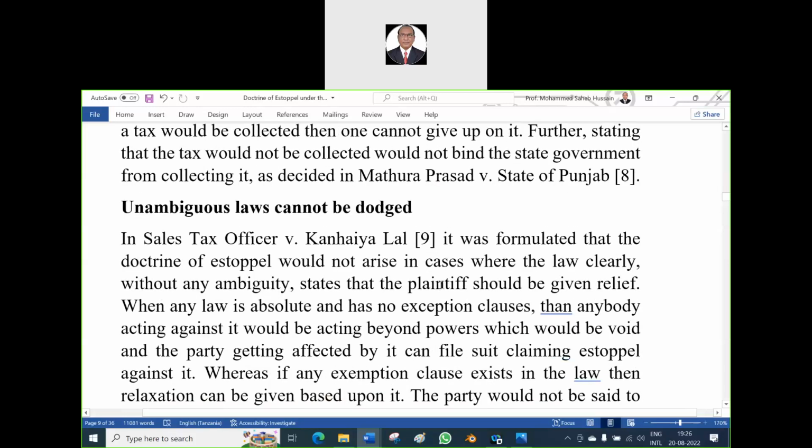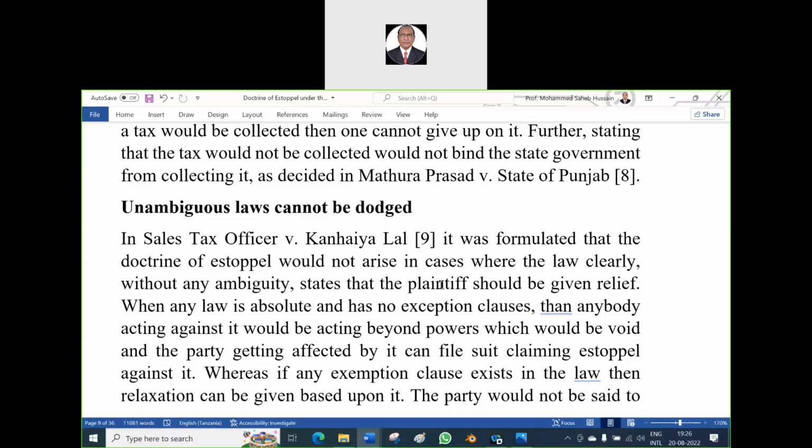Unambiguous laws cannot be dodged. Sales Tax Officer versus Kanhai Lal. It was formulated that the doctrine of estoppel would not arise in cases where the law clearly, without any ambiguity, states that the plaintiff should be given relief. When relief is clearly given, then it will not be taxed. But when it is clearly stated that he will be taxed, then he definitely will be taxed.